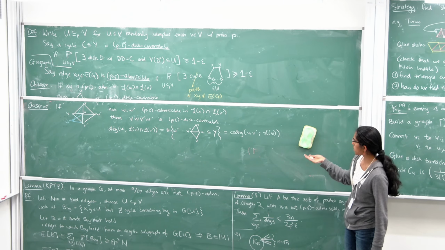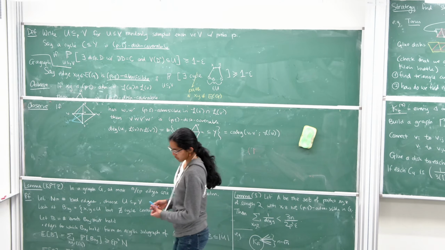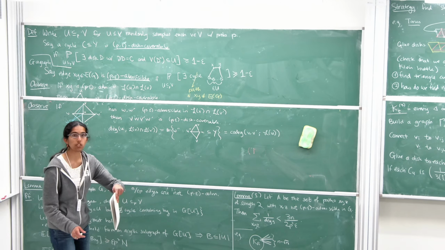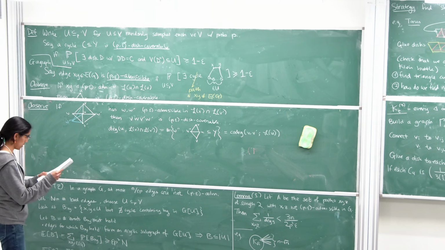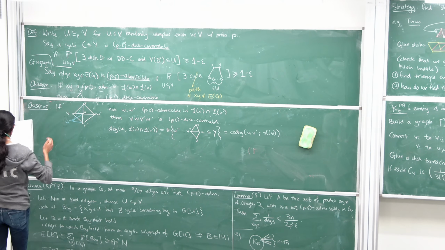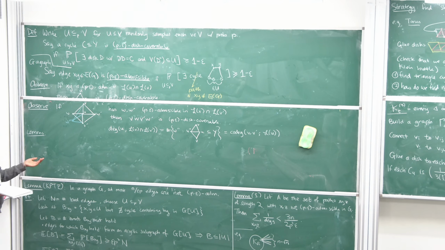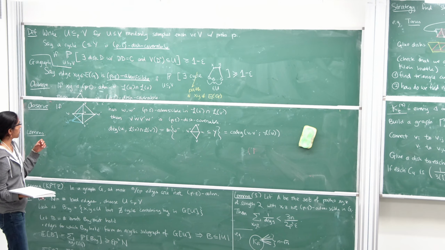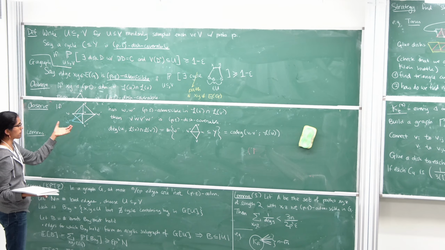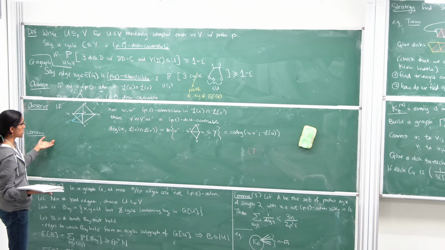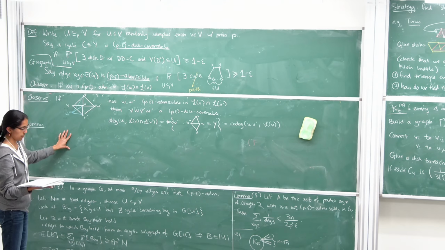So using this observation, we can get a pretty reasonable bound on the number of discoverable C4s in some specific link.